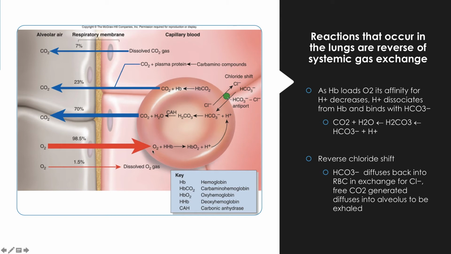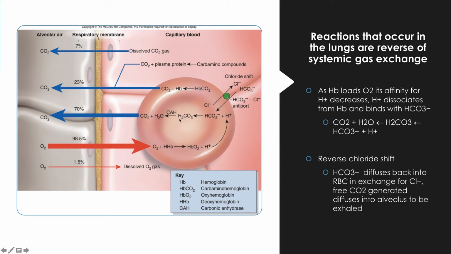So as hemoglobin loads O2, its affinity for protons decreases, which frees up these protons to go recombine with bicarbonate that's coming back in, forming carbonic acid. Carbonic anhydrase is capable of facilitating this reaction in either direction, and it just depends on the relative amount of reactants and products or vice versa.